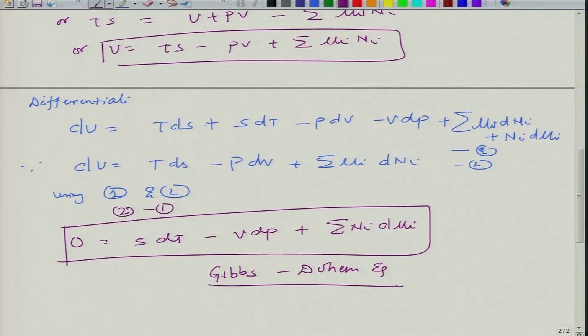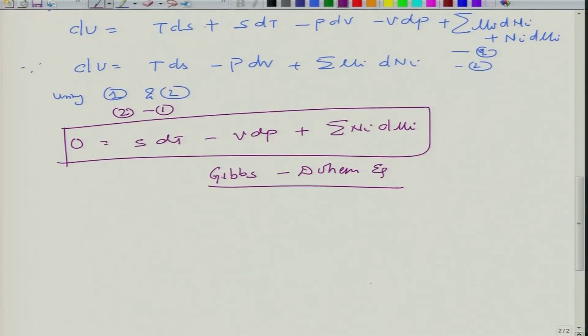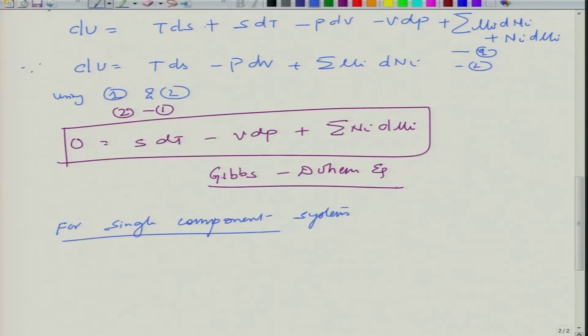Now, let us consider a single component. For a single component, we have S dT minus V dP plus n d mu. So, this is for a single system.